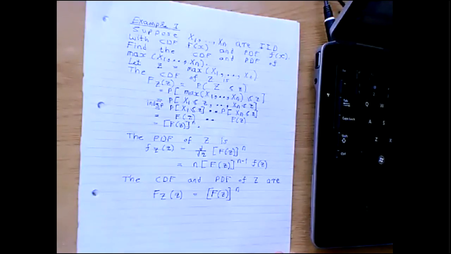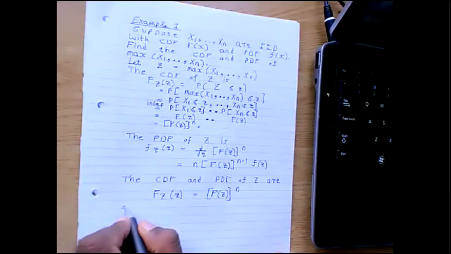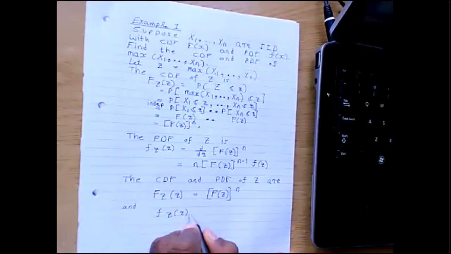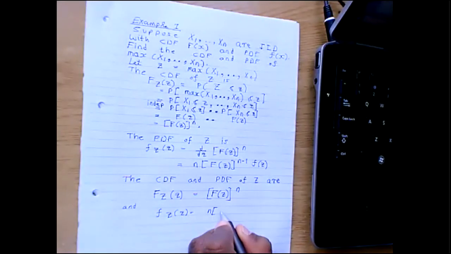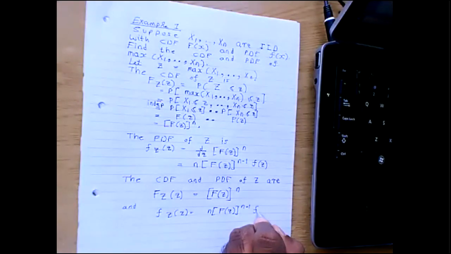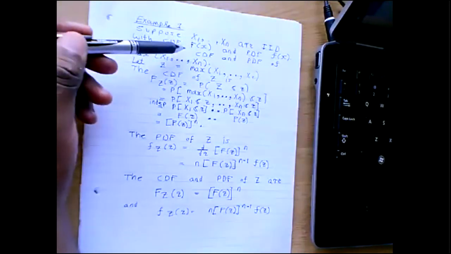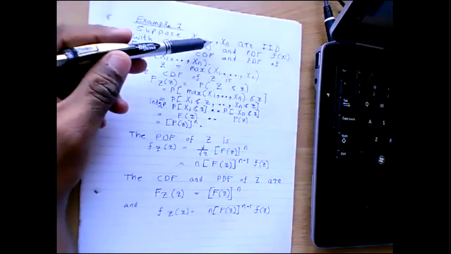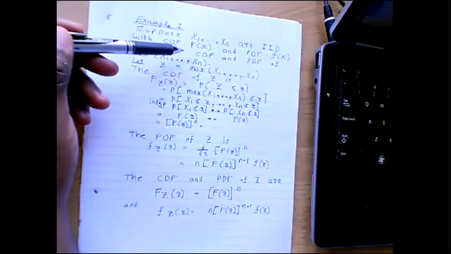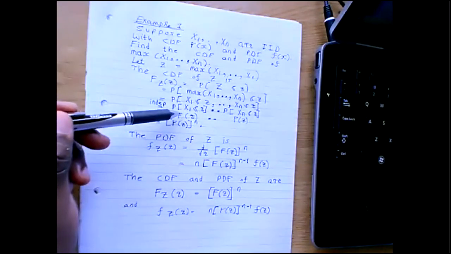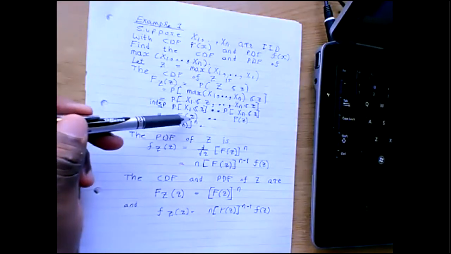Yeah, I will explain. Give me a sec, Don. I will explain why. That's because, remember, x1 to xn, each of them has CDF equal to F. Each of these random variables has CDF F. So the probability that x1 is less than or equal to z, by definition, is the CDF of x1, which is F at z.